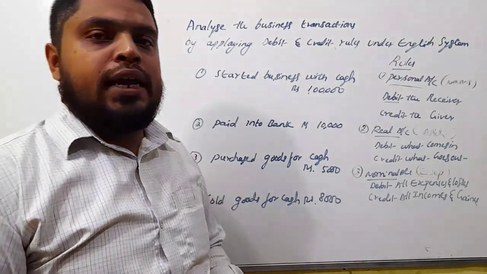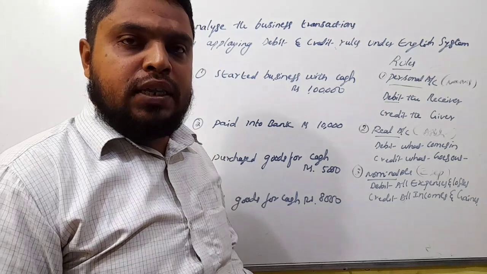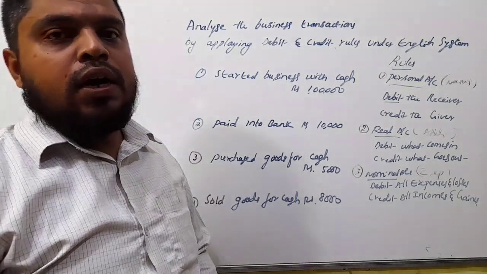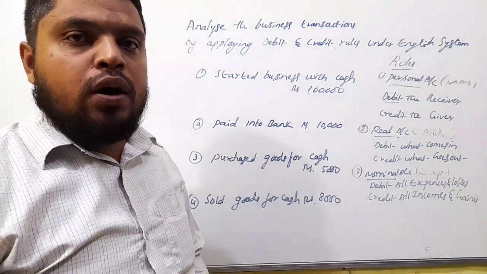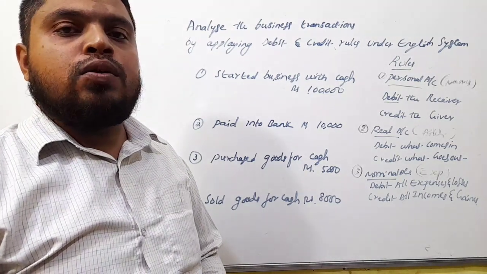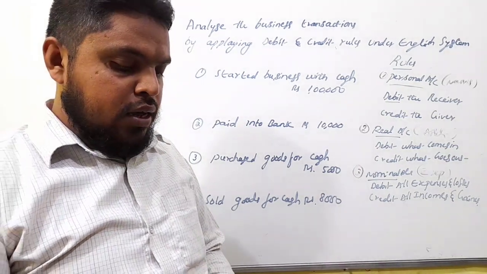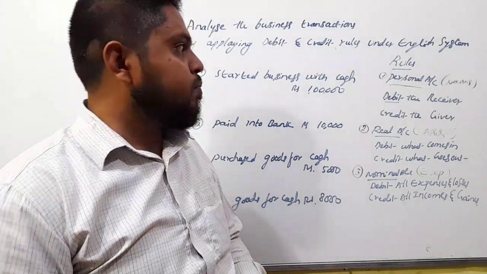Under the English system of accounting, the rules are: personal account, debit the receiver, credit the giver; real account, debit what comes in, credit what goes out; and nominal account, debit all the expenses and losses and credit all the incomes and gains.